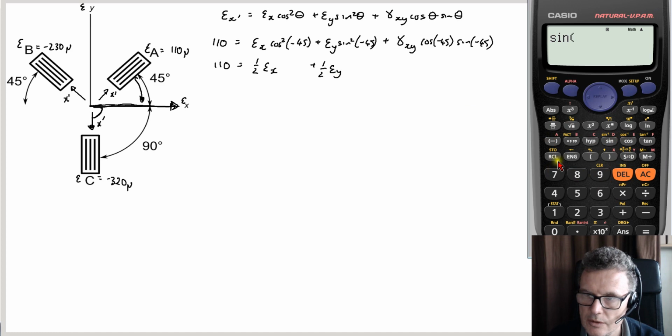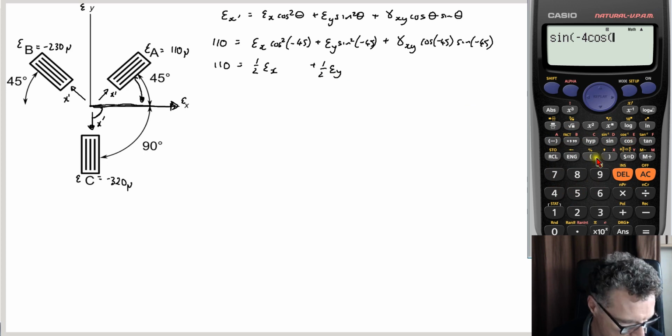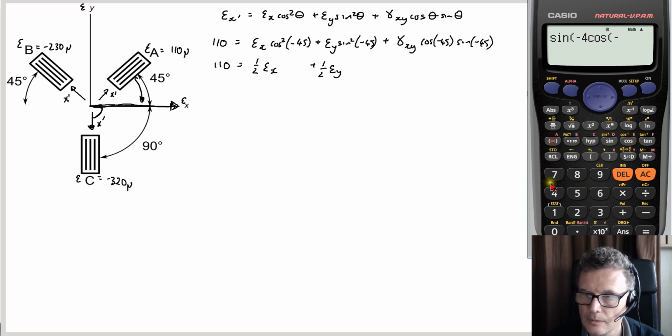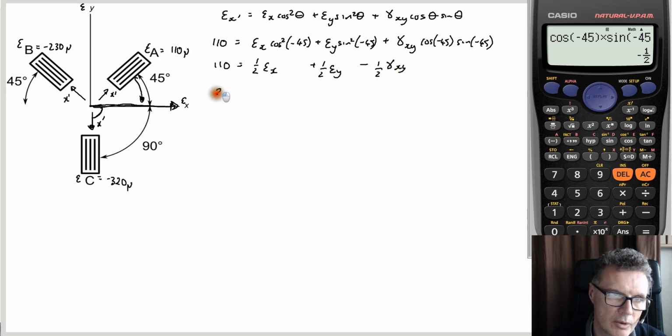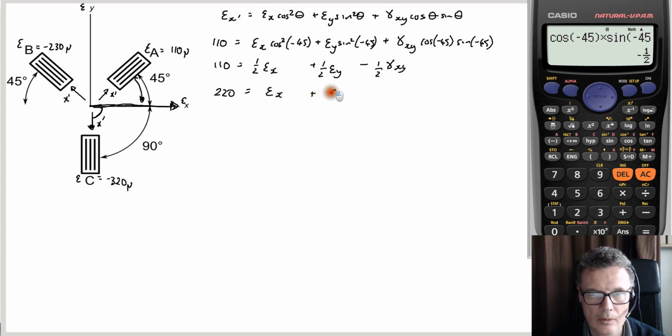This is always good to use to find out whether it's a minus or a positive: cos minus 45 times sine minus 45. So it's minus. Let's tidy that up a little bit further. So we have 2, 2, 10. Right, so that's my first one.